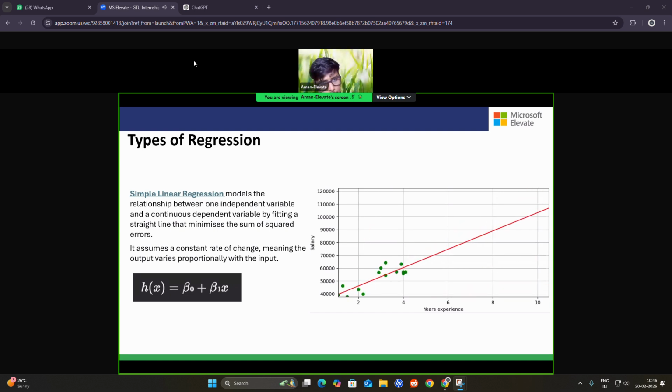First, your years of experience. The second is salary. So, guys, do you think that we only deal with two columns, one dependent, one independent? No, right? Then do you think that we can use simple linear regression for our problems?